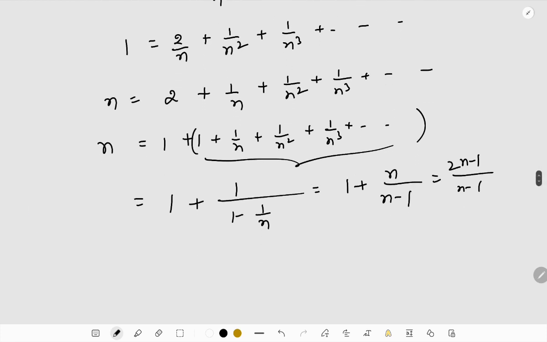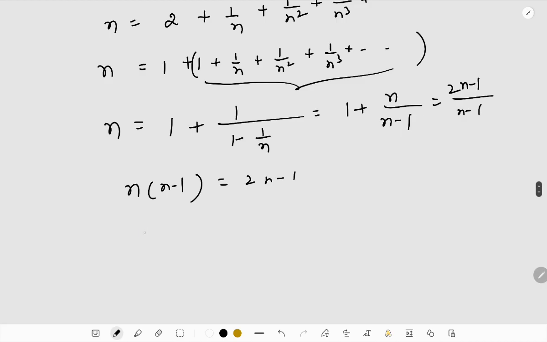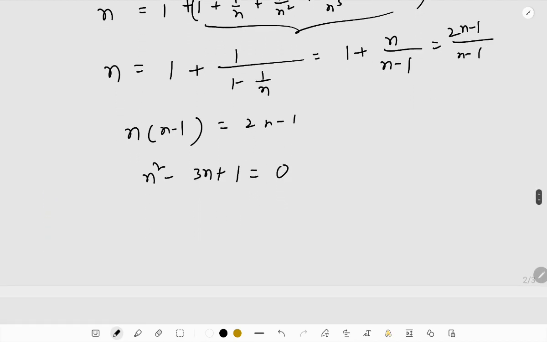So we have an equation, n equals 2n minus 1 by n minus 1, so that I can write in the next step n into n minus 1 equals 2n minus 1, and I can make an equation something like n square minus 3n plus 1 equal to 0, so that we get the value of n, and that will be equal to 3 plus minus root 5 by 2.